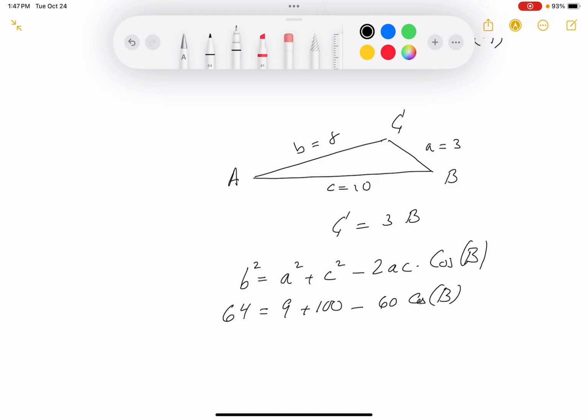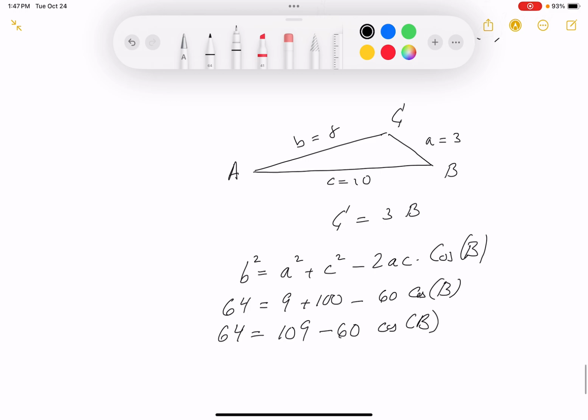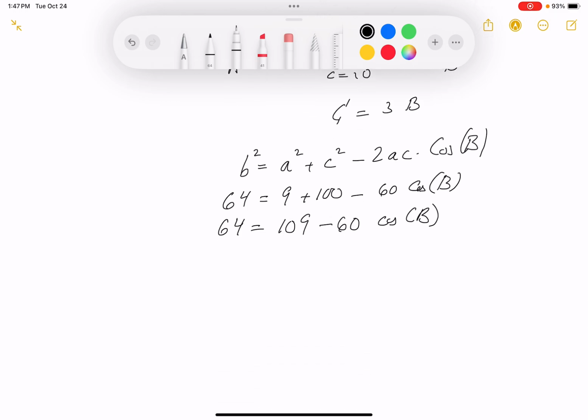Well, let's see if we can figure that out. So let's see. 64 equals 109 minus 60 cosine B. Wow. Let's see. I take 109 from both sides. 36 and a 9. 45 equals minus 60 cosine of B. Well, let's take a look at that.